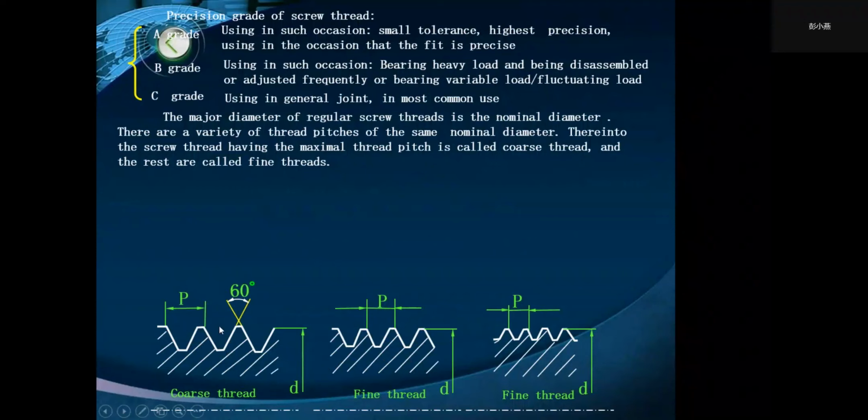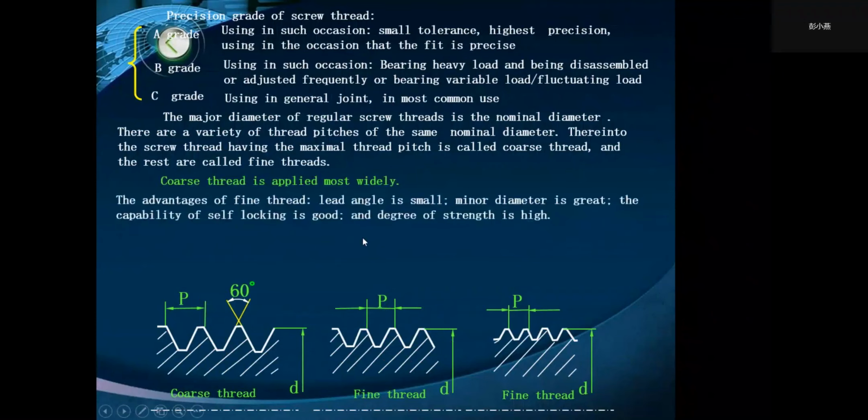Coarse threads are recommended for ordinary applications, especially where rapid assembly or disassembly is required. And for fine thread, the lead angle is small.